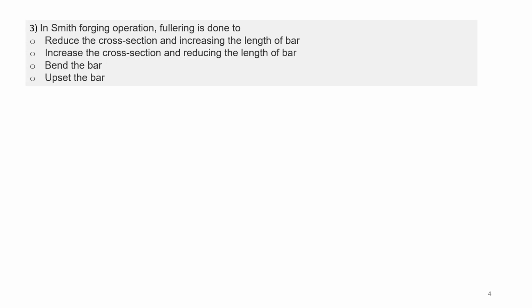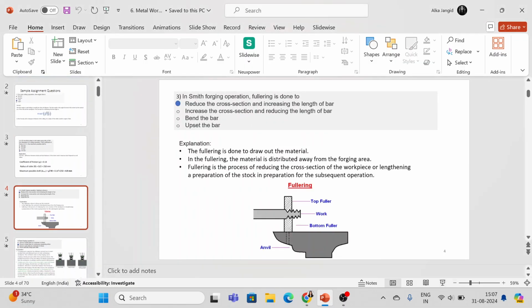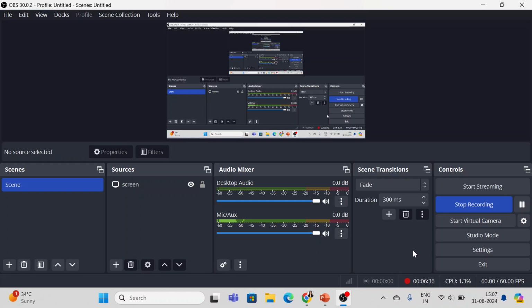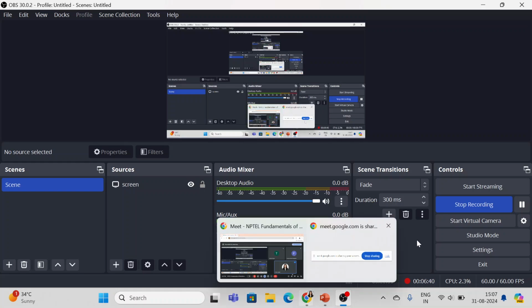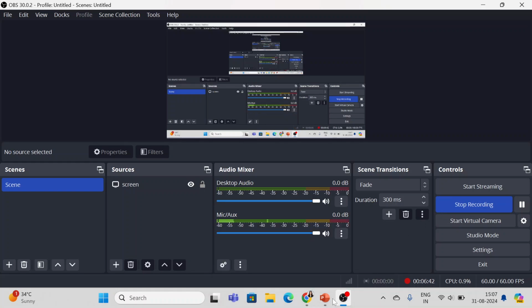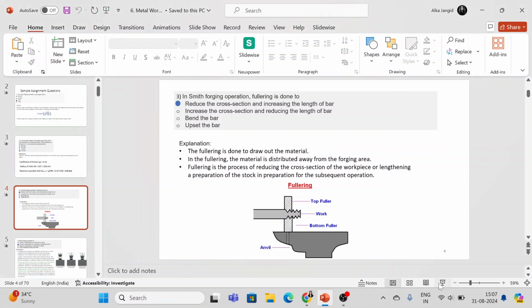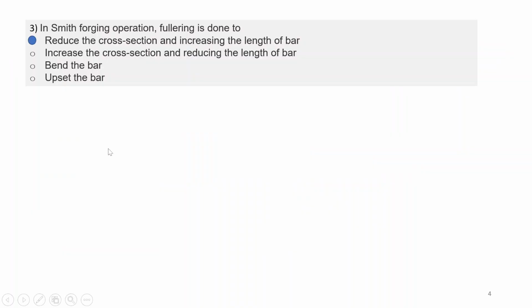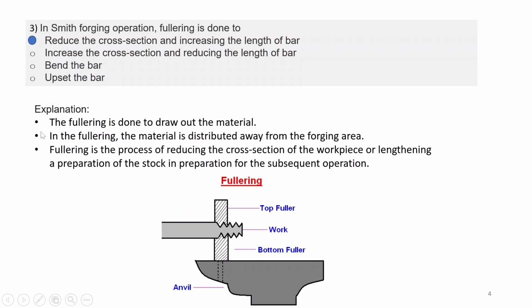Okay, so the answer will be the first one. This is the fullering operation. Fullering is done to draw out the material, and in fullering the material is distributed away from the forging area.